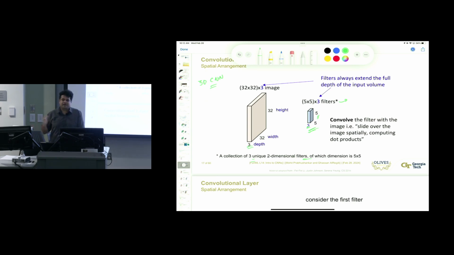So if you read a paper and they mention that they're using a 3D CNN, then that means they're looking at a 4-dimensional input where there is a time axis as well. So we shouldn't be confused. Whenever it's a 3D CNN, it's basically for a video with a 4th dimension of time. Whenever we discuss these kernels, instead of thinking of it as a 5 cross 5 cross 3 kernel, we think of it as 3 unique 2-dimensional kernels, in this case of size 5 cross 5.